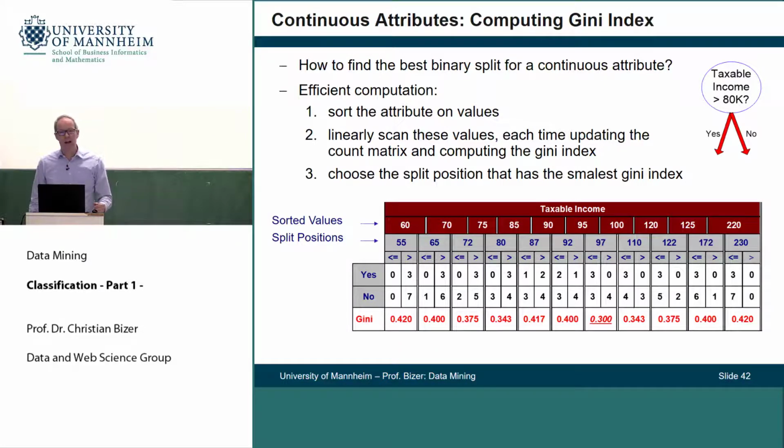We again calculate the Gini and get values. You see, if we do this, the values decrease. We find the minimum value to be 0.3 if we use the split boundary of 97. So rather compute intensive, but gives us the best split position.